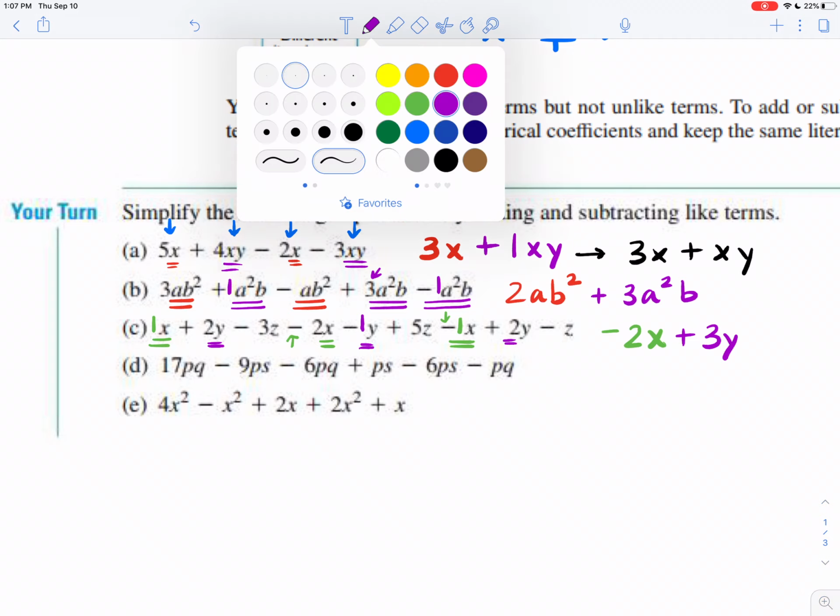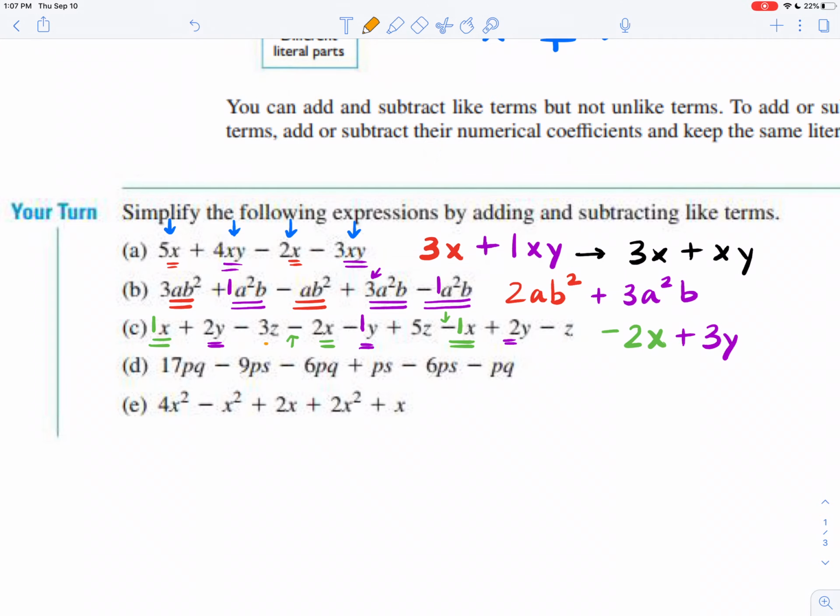All right, and then finally, I've got a negative 3z, a positive 5z, and a negative 1z. All those are the exact same literal part. The variables are the same. So if I combine their numerical coefficients, remember, take the sign that comes in front of it. So this is negative 3 plus 5. Watch your signs.